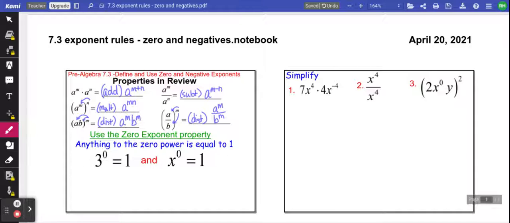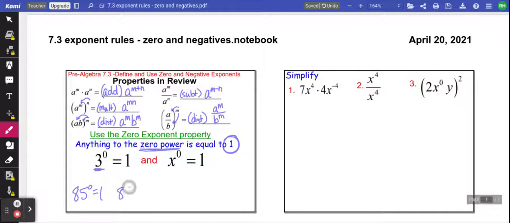So first one is the zero exponent property. And this is pretty simple as long as you can remember it, because we always want to say zero instead. But anything to the zero power actually equals 1 every time, whether it's a number, 3 to the 0, and you can type it in your calculator, 3 to the 0 power, hit equals, it's going to be 1. If it was 85 to the 0 power, it would still equal 1.